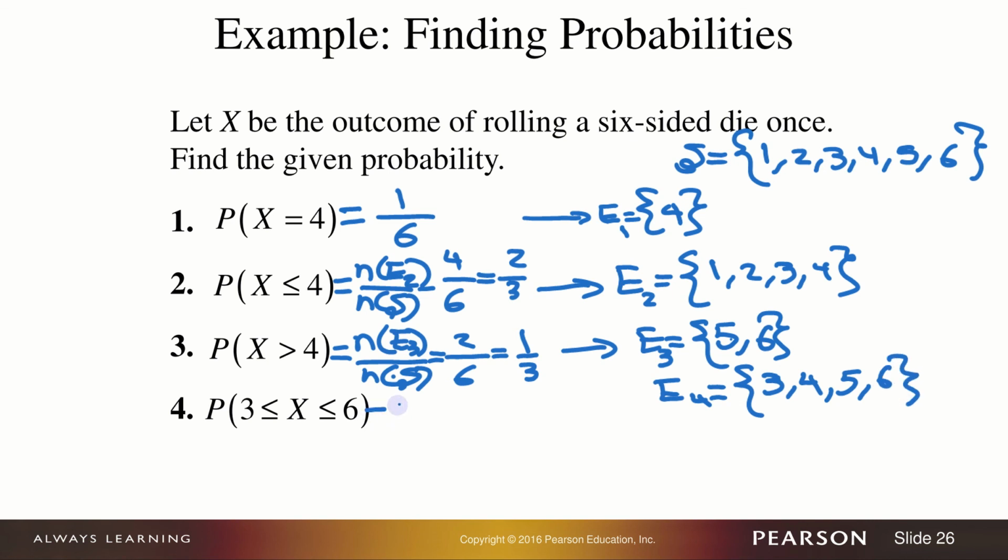So this is going to be the cardinality of E4 divided by the cardinality of the sample space. The cardinality of E4 is 4 divided by the cardinality of the sample space, which is 6. So we get 2/3. All right, so very simple, but you just have to basically know the definitions and what they mean. There should be no problem.